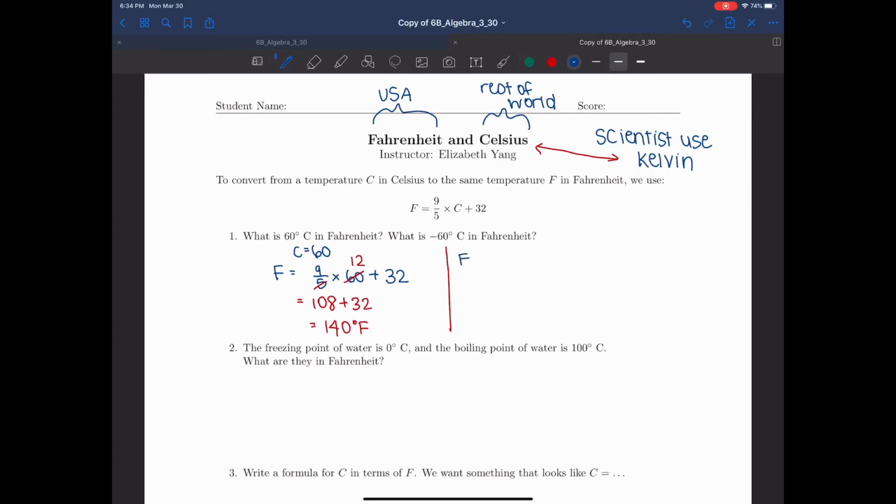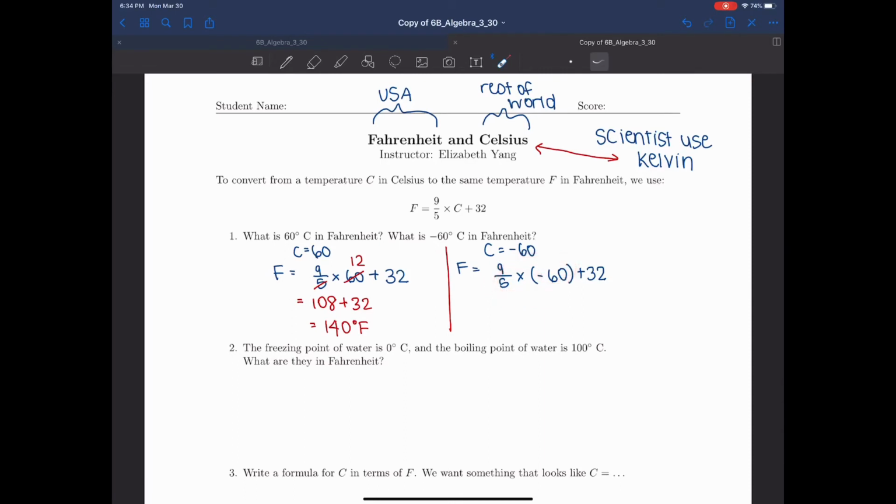Now let's consider C is equal to minus 60. So this is some practice with my negative numbers. Now we have 9 over 5 times minus 60 plus 32. We deal with the minus sign in a really similar way with addition, but not quite. Here we just have to check if the two factors have the same sign. If they have the same sign, then the product will be positive.